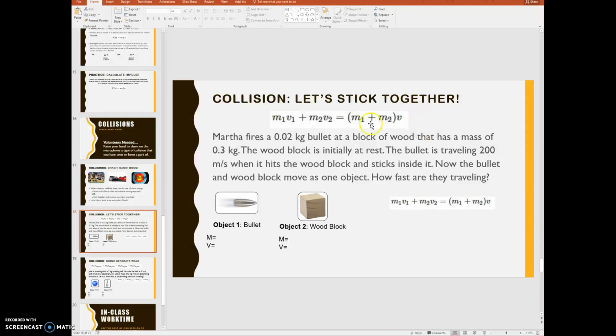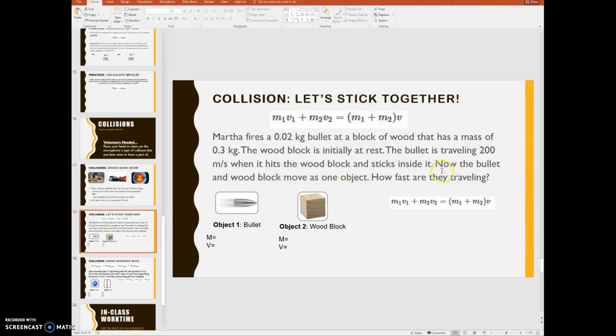So let's look at an example of this. Our story says Martha fires a .02 kilogram bullet at a block of wood that has a mass of 0.3 kilograms. The wood block initially is at rest. The bullet is traveling 200 meters per second when it hits the wood block and sticks inside it. Now, the bullet and wood block move as one object.